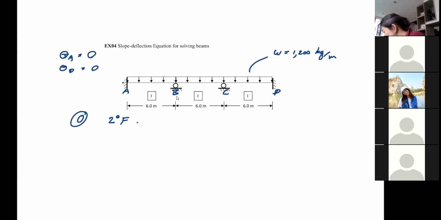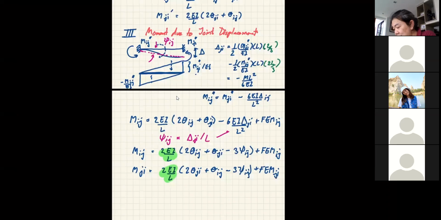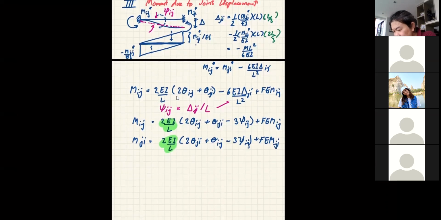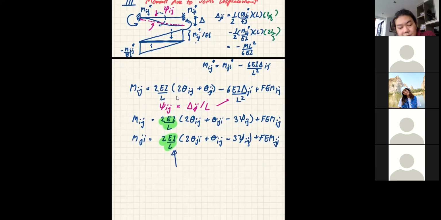Okay, the next one, step number 1, is the relative stiffness. When we go back and look at the slope deflection equation, as I mentioned, this is the green thing, this is the stiffness. 2 is constant, E is the material property. Therefore, when we talk about the stiffness of the member, it's I over L. The larger the I, the more stiff your structure becomes.